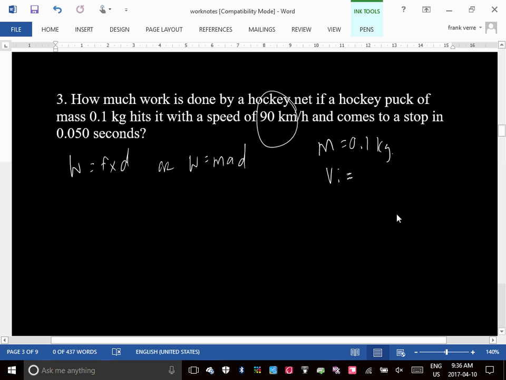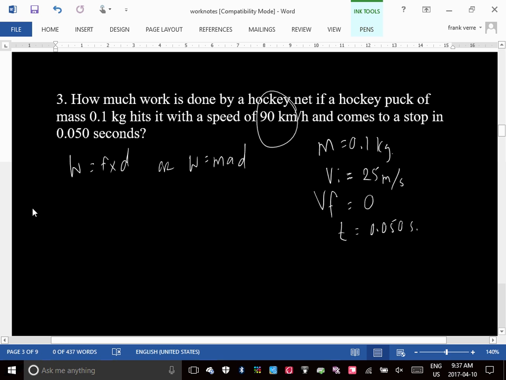But remember, this has to be in what? Meters per second, right? So that's going to be 25 meters per second. I had that one memorized, so don't be impressed with my math skills. And then we have VF, which is 0, right? And now we have time, which is 0.050 seconds.